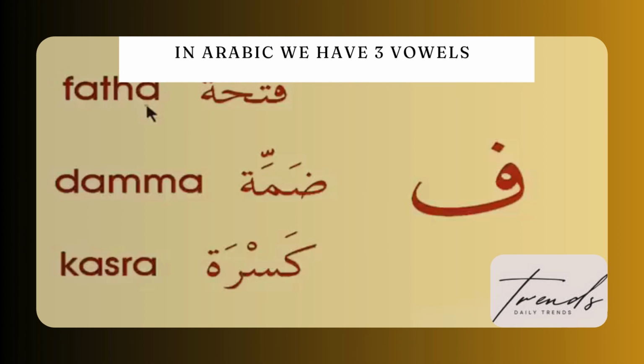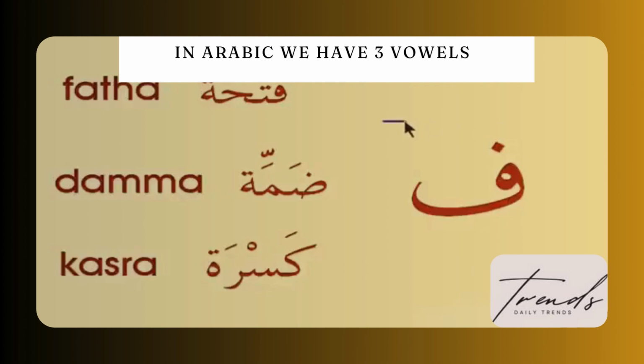So Fatha will be written as follows. It's written with a line on top, like that. Al-Dhamma will be as follows. It's like a small wow. And we have the Kasra, which is like a Fatha, but on the bottom.